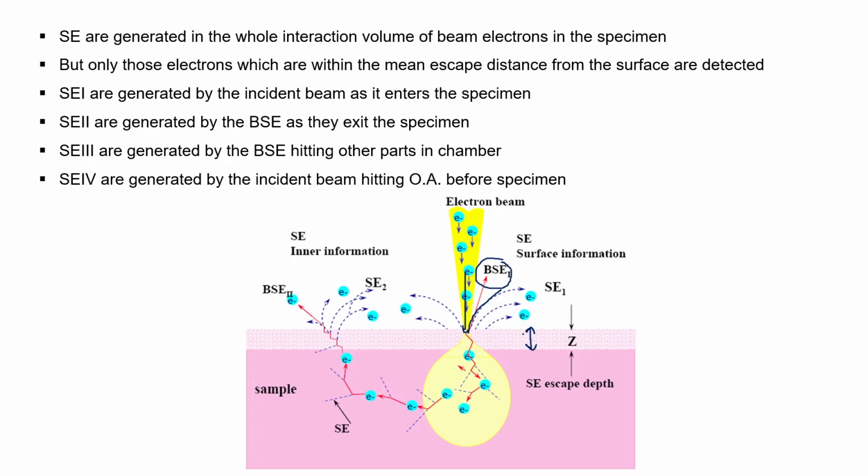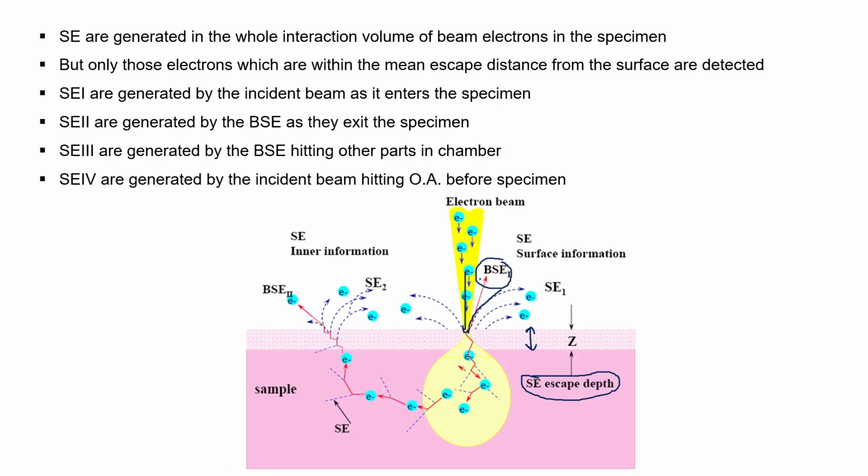As a result, this Z1 is known as the secondary electron escape depth. The secondary electrons are the ones generated by the incident beam as it enters the specimen.